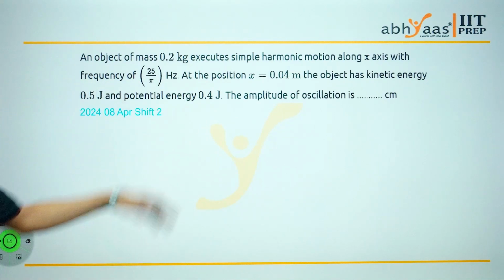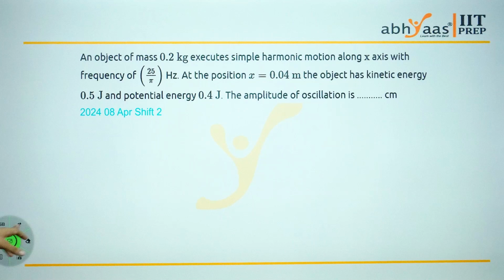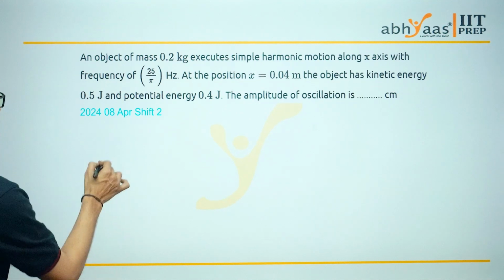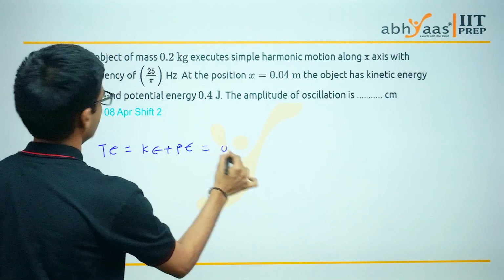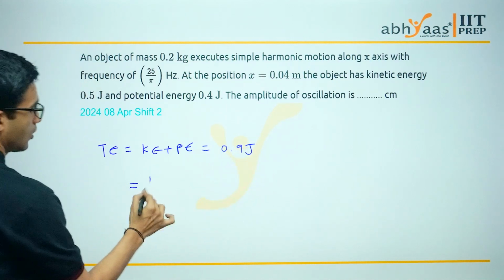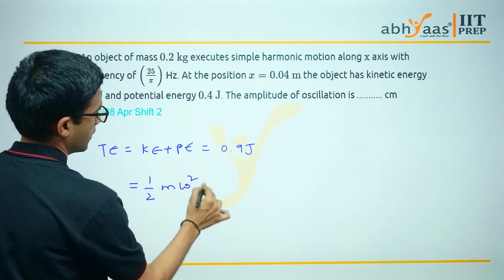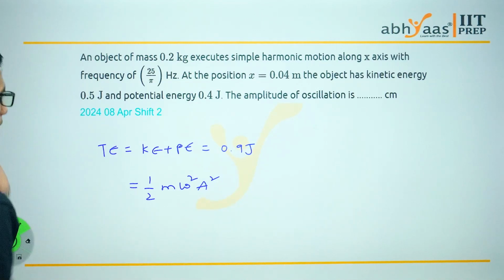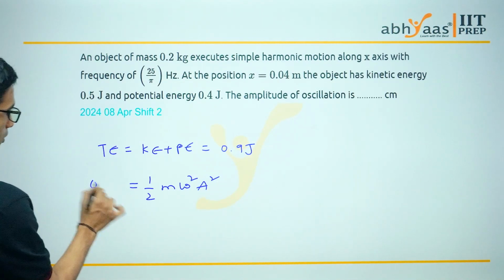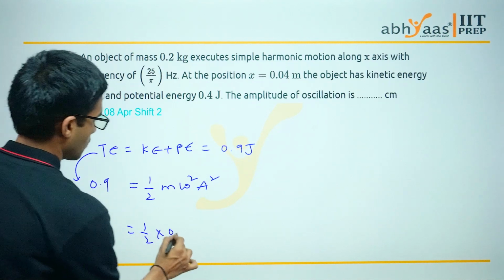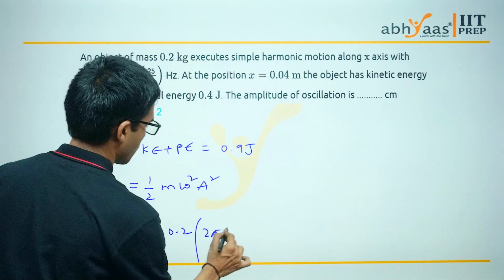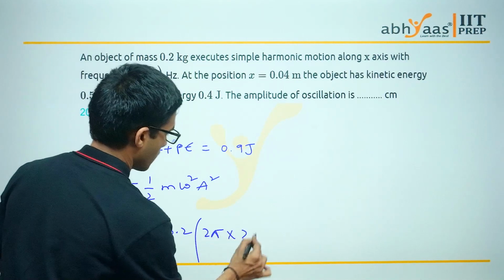Object mass is given, simple harmonic motion frequency is given. See this. At this position x, the object has kinetic energy. Total energy is equal to KE plus PE, that is 0.9 joules. That is equal to half m omega square A square. This is the total energy: 0.2 into omega square, where omega is 2 pi f, 2 pi into f is 25 by pi.